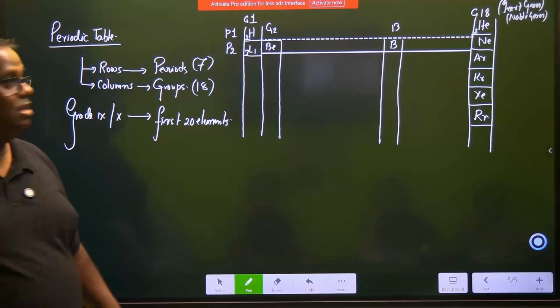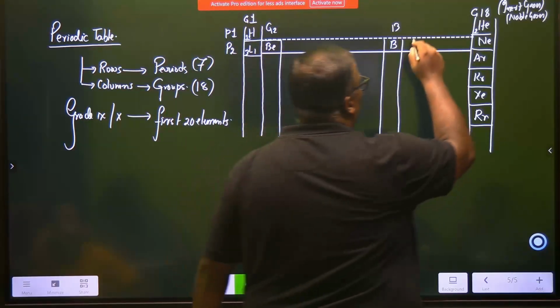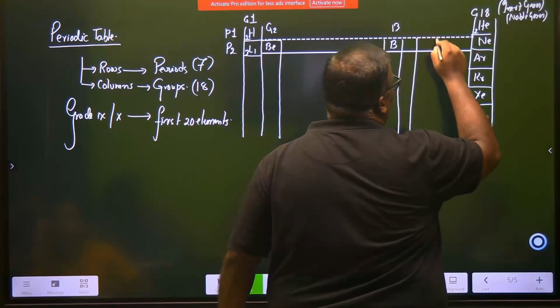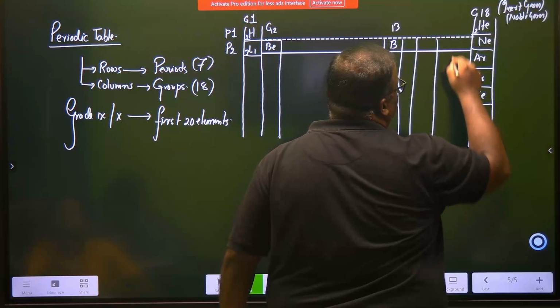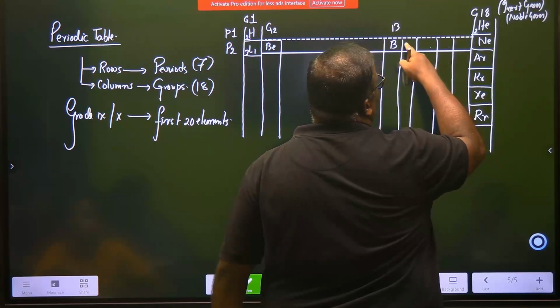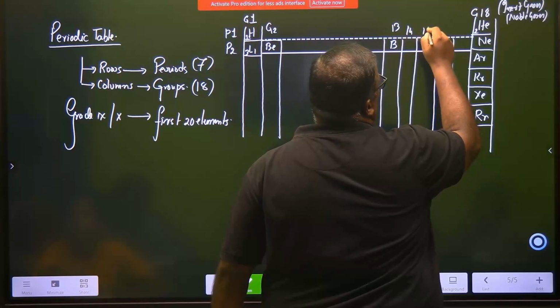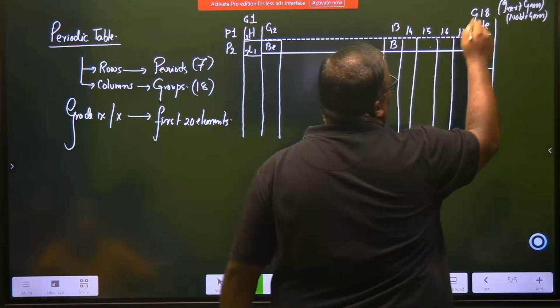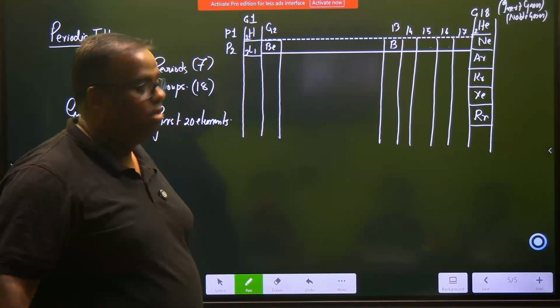After 13, you have 14, 15, 16, 17, and this is 18. This is boron.